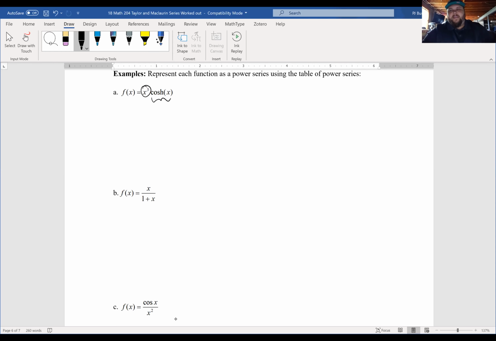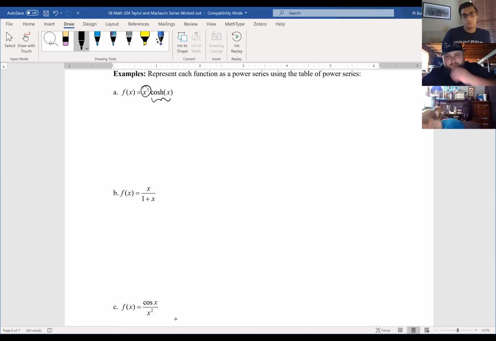My guess is that many of you have never seen it. It is called the hyperbolic cosine, or sometimes referred to as cosh. I'm not going to go too into detail, but it's a function that you'll see later on in your, as we always say, college career.